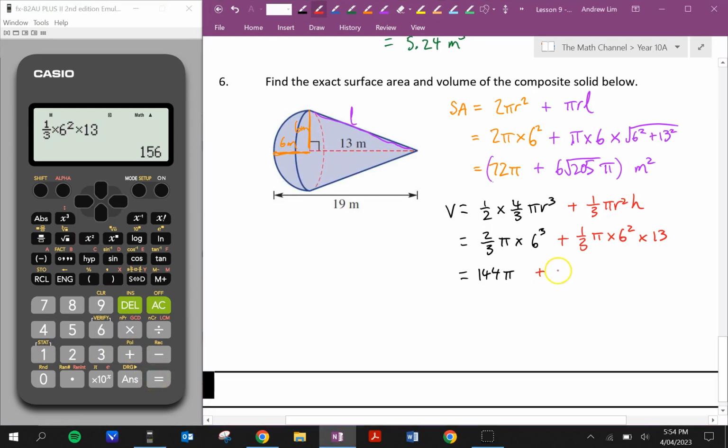Okay, so that's 144 pi plus 156 pi. And technically these are like terms. It's like saying 144x plus 156x. Well, what's 144 plus 156? 300. So it's equal to 300x, but instead of x, I'm saying pi. 300 pi meters cubed.